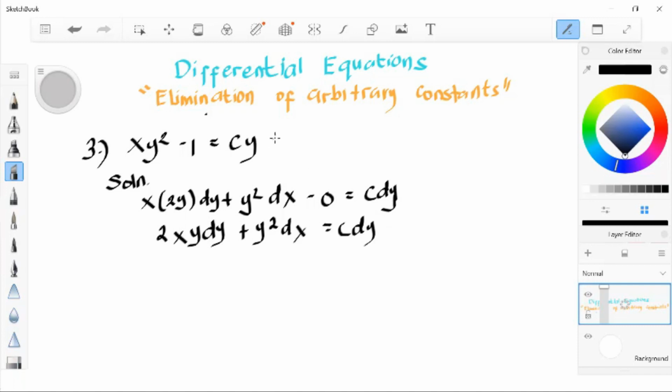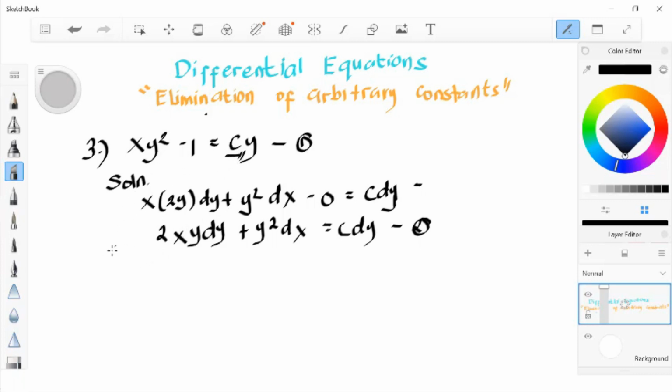But in this example, we have seen that the arbitrary constant was not eliminated by performing the first derivative. So what we must do is to make use of a system of equations. Mark this as equation 1, mark this as equation 2, and from equation 1 we extract the value of c.